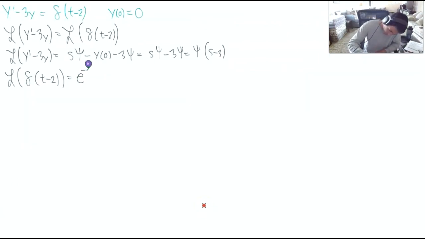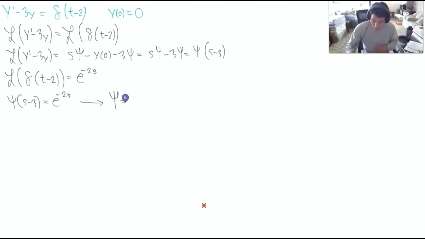Okay, so now we can write everything as big Y times s minus 3 is equal to e to the negative 2s. And then if we want big Y by itself, we say big Y is equal to e to the negative 2s divided by s minus 3.